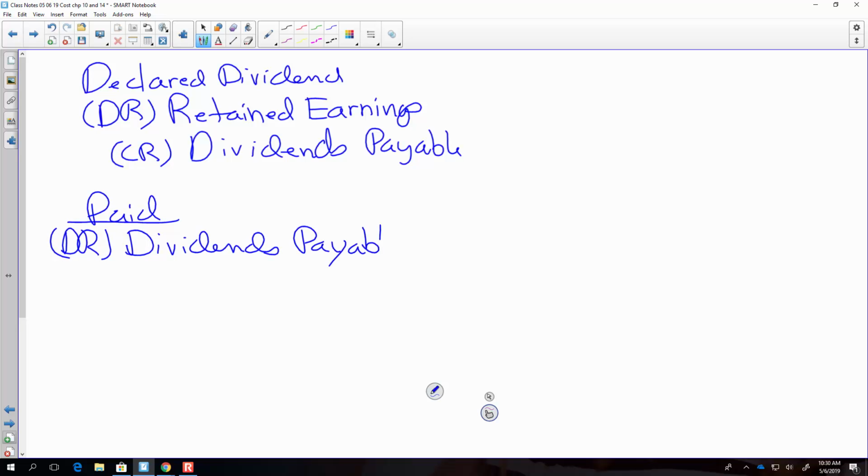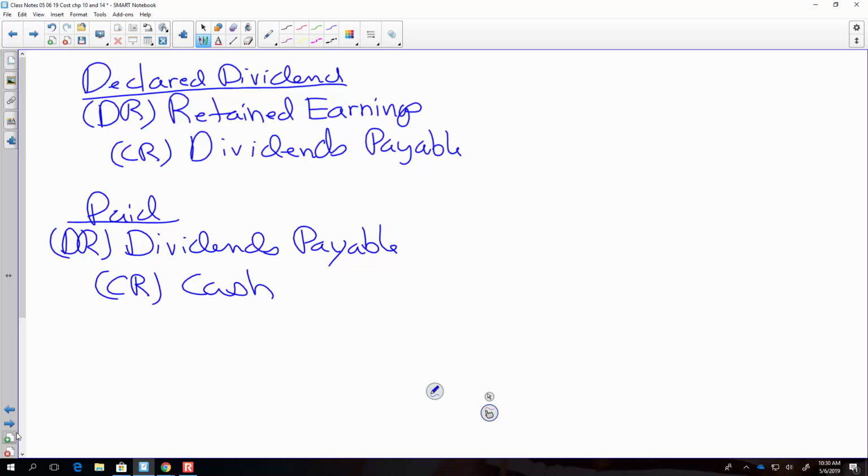So at this point, this is where it will affect my cash flow because I'm crediting cash with this entry. If I just declare the dividend, it has no effect on cash, right? Just a non-cash entry. So watch for the word paid. It's got to say paid.